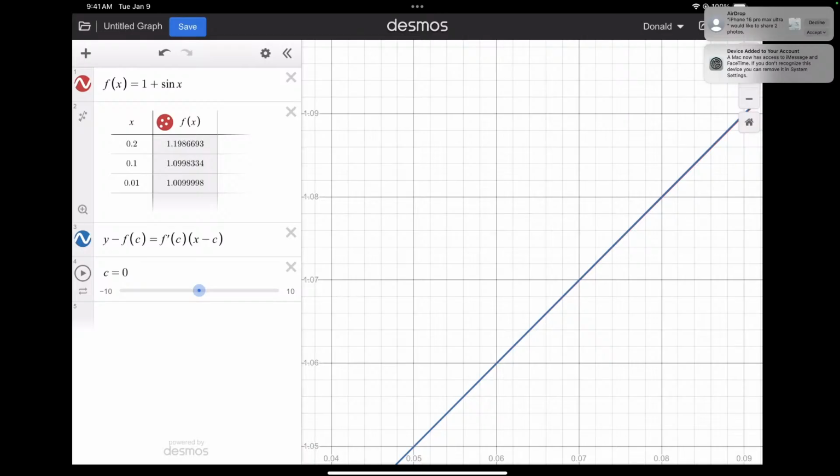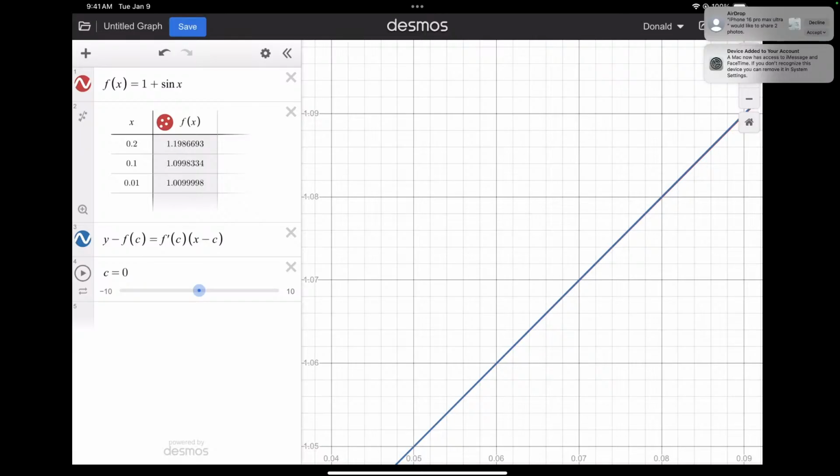Now, for the equation of the tangent line, what do I have to do? I have to take the derivative. If I take a derivative, what am I going to get? f prime of x equals cosine of x. Then I'm going to plug in 0, because the value is really close to 0.